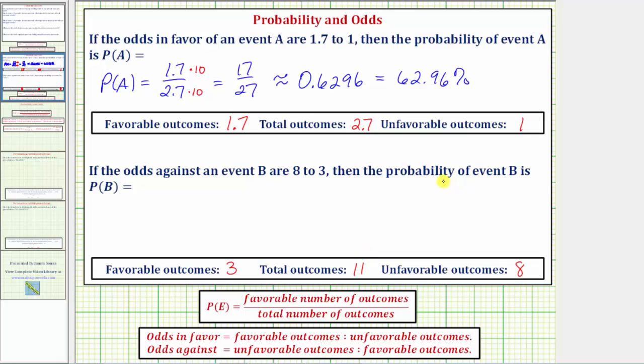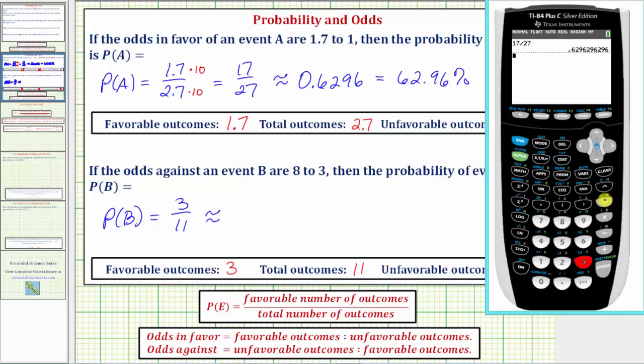And therefore the probability that event B will occur is equal to the number of favorable outcomes divided by the total number of outcomes, and therefore we'd have 3 divided by 11, or 3/11 as a fraction. Let's also convert to a decimal and a percentage. So going back to the calculator, 3 divided by 11 gives us 0.27 repeating.